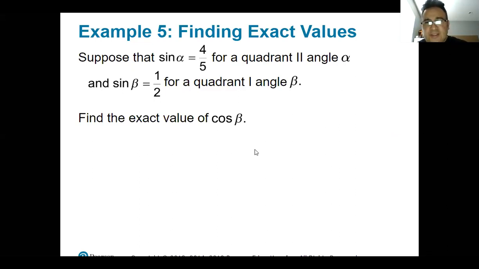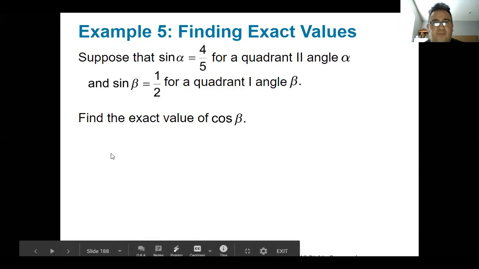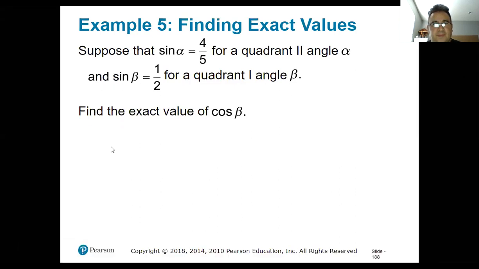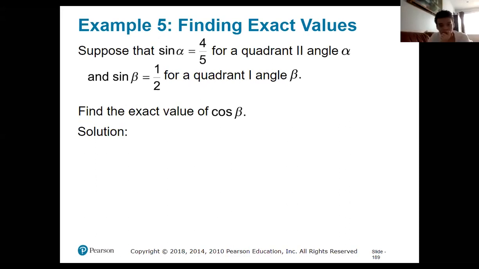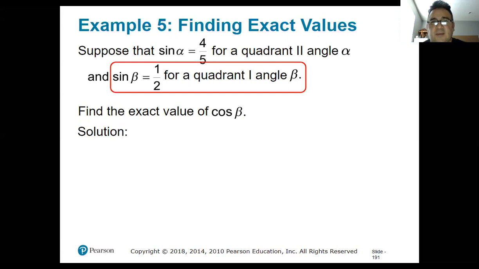Okay, let's go over it and see how you guys did. All right, so cosine of beta. So we need the second part of the statement now, right? It's in quadrant 1, so we know that part of it is positive. And now that is my angle beta.